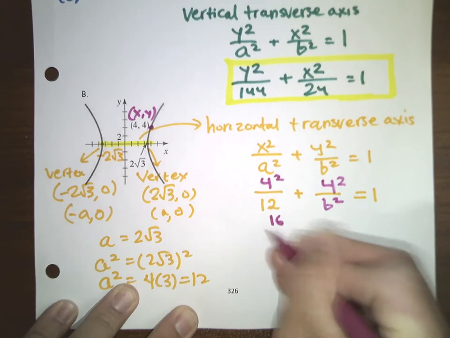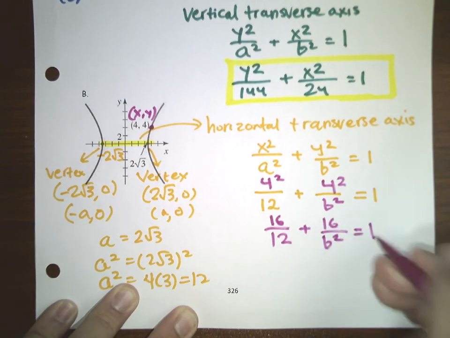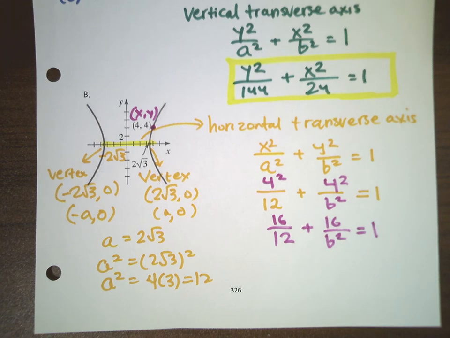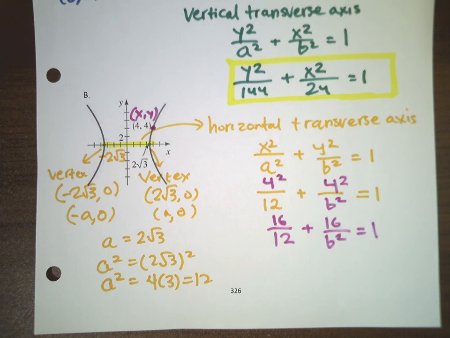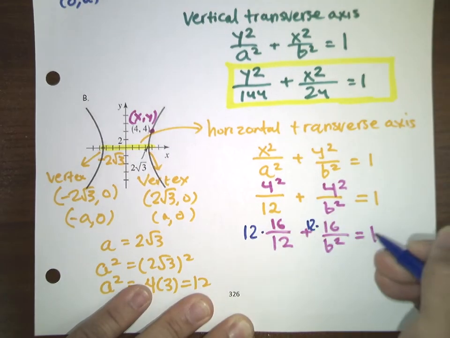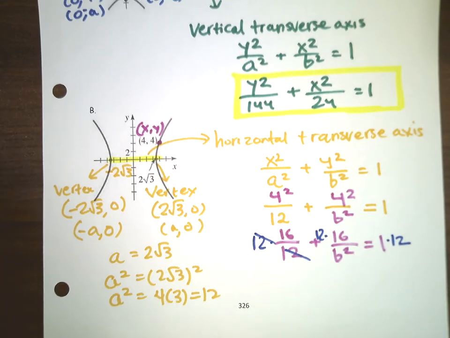So we have 16 over 12 minus 16 over b squared is equal to 1. And then, like I always say, it doesn't really matter how you want to deal with this. If you want to multiply through by 12 to clear the fraction here, you're more than welcome to. All right, so then what would that give you here?